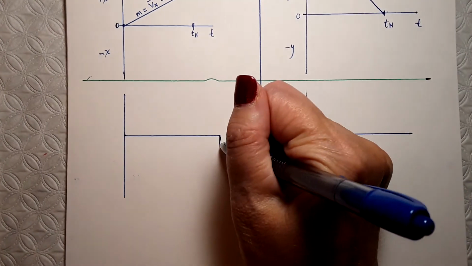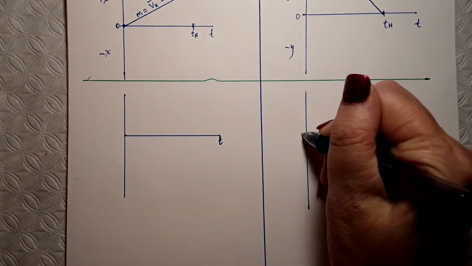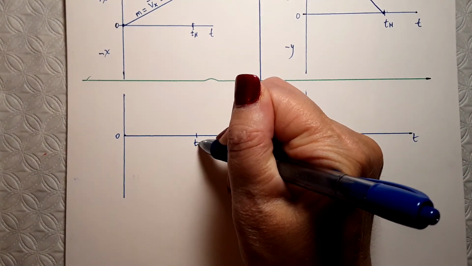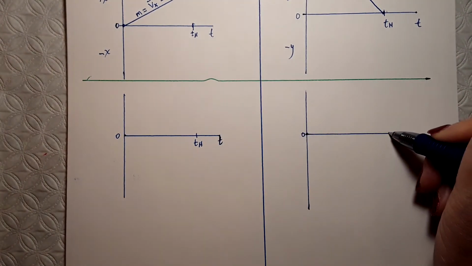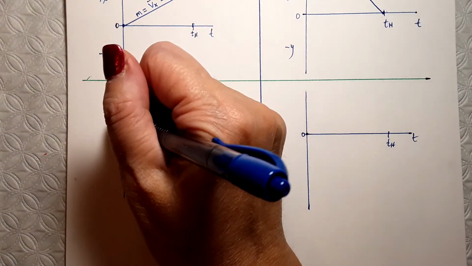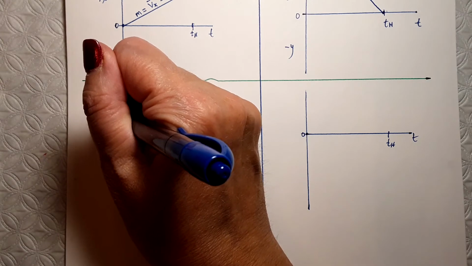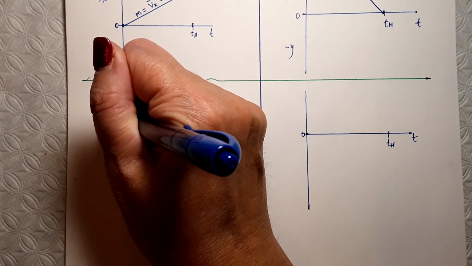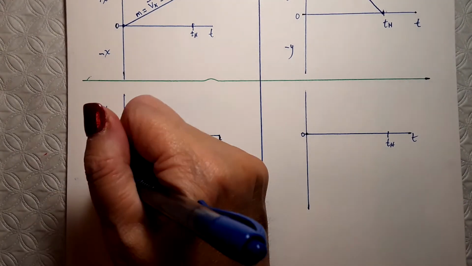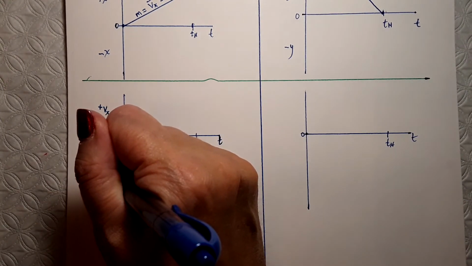So here's our timeline. The origin is right there. And I'm going to go ahead and mark t sub H, our hang time. Okay. Now, over here, we have the positive horizontal velocities and the negative, although as we know, it only goes one direction horizontally.